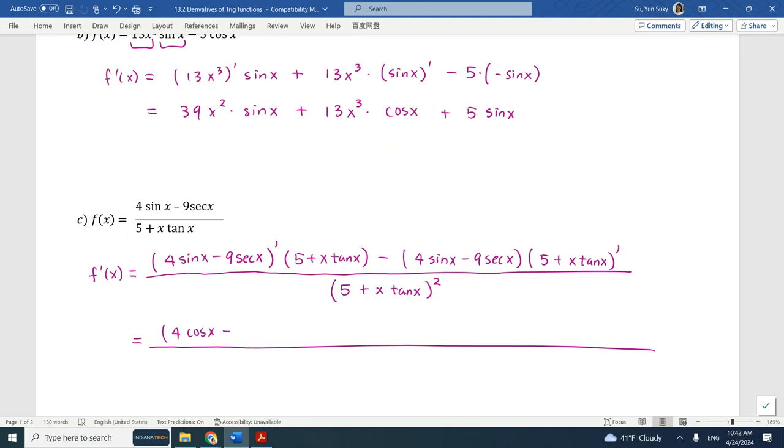Yes. Family member of secant is secant tangent. Yes, everybody? The second factor, do we need to do anything to it? No, just copy down. It has no prime, so don't touch it. So just copy down.